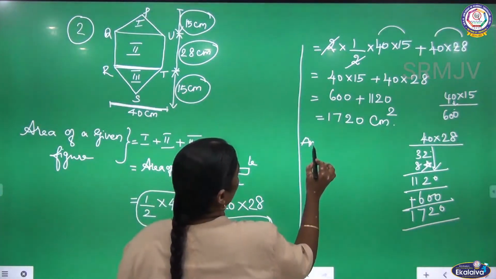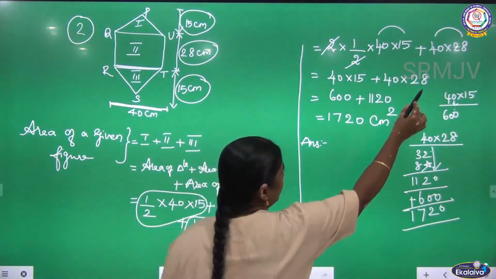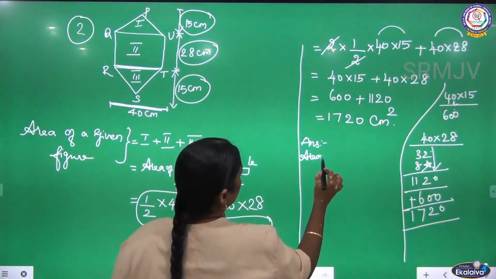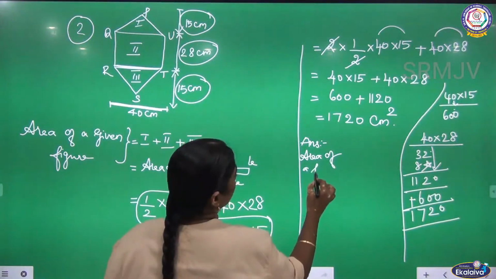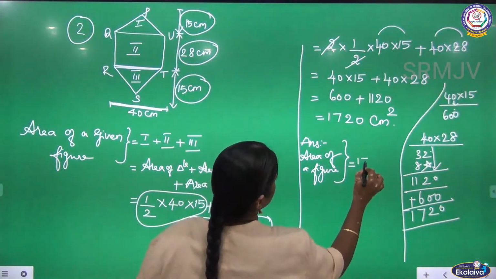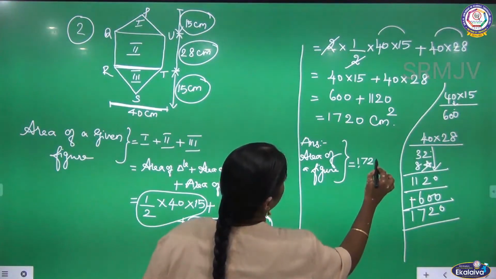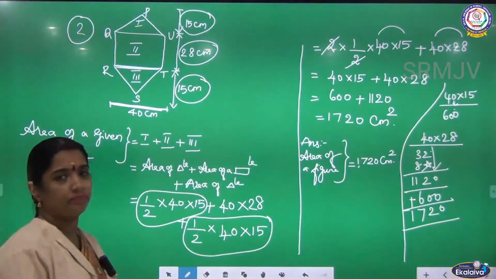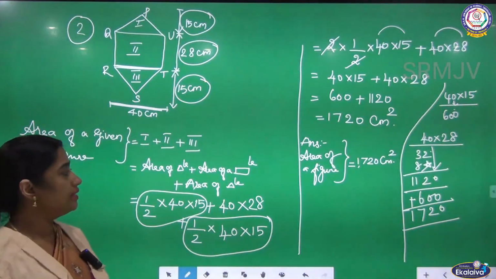Now I am going to write the answer. So everything you have to do in the rough column. So area of a figure is equal to 1720 centimeters square. Got it? Any doubt in this?